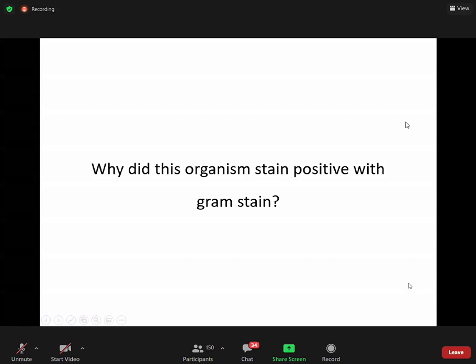Speak to the microphone. I cannot hear. Because of the peptidoglycan in the gram-positive bacteria cell wall, it retains the stain. That's why we see it. It is the cross-links or the whole cell wall, peptidoglycan. Yeah, whole peptidoglycan.